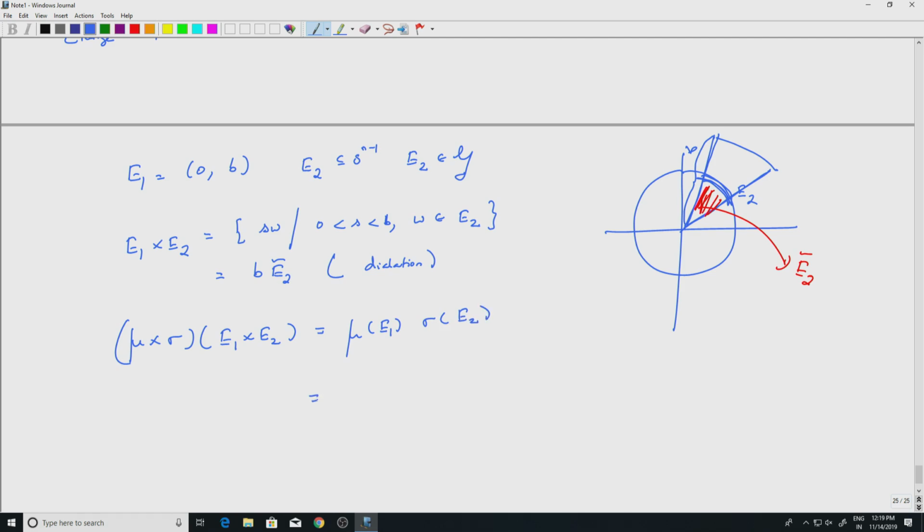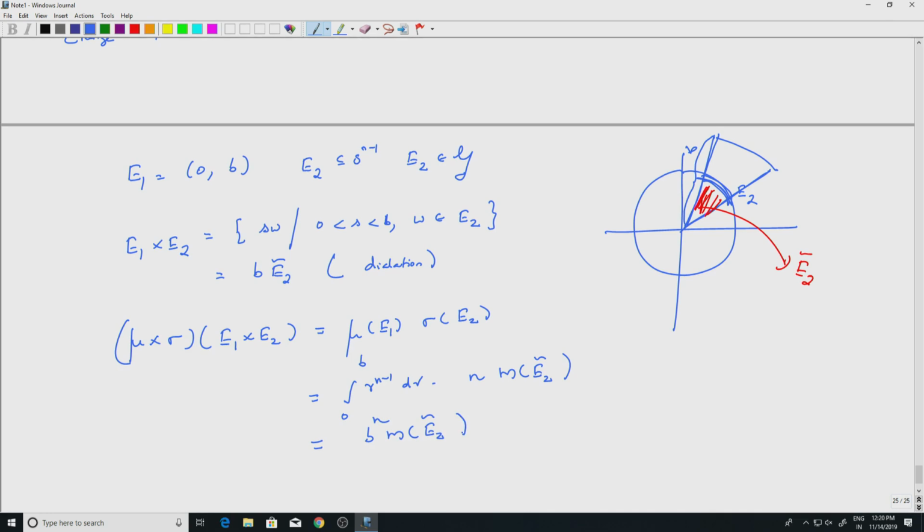So mu of E1 now would be the integral from 0 to b of r to the n minus 1 dr, because E1 is (0,b) and mu is defined by r to the n minus 1 dr, times sigma of E2, which is of course n times the measure of E2 tilde. Well, what is this? Here this will give me b to the n by n. So the 1 by n and the n will get cancelled. So I will have b to the n times the measure of E2 tilde.